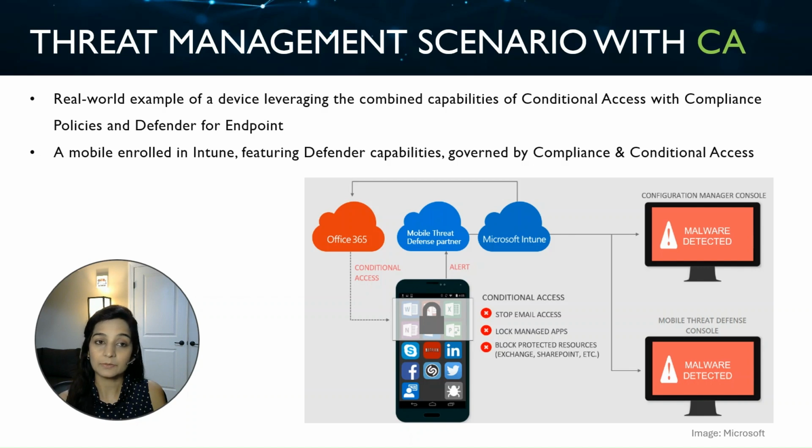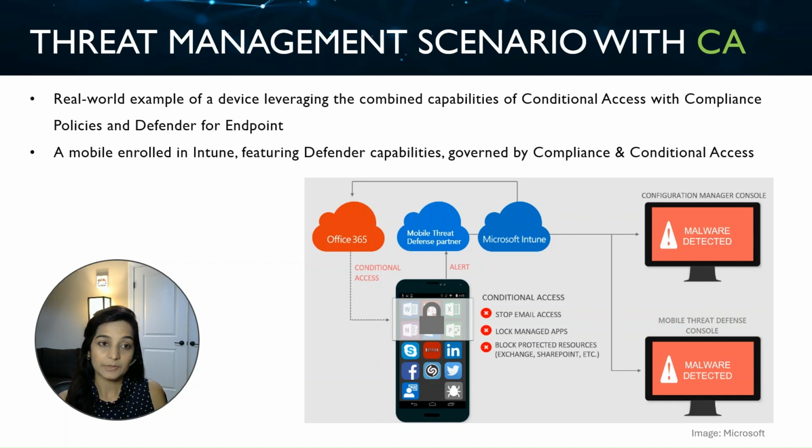Now, conditional access policies come into play, assuming we have appropriate settings configured, and conditional access will block access to company resources on non-compliant devices. In this case, conditional access will prevent the user from accessing the work apps, such as Outlook and Teams, on this infected mobile. So that's conditional access in action in real time.